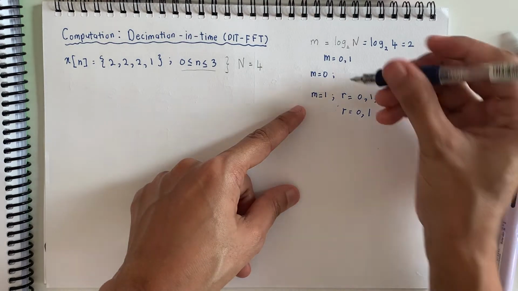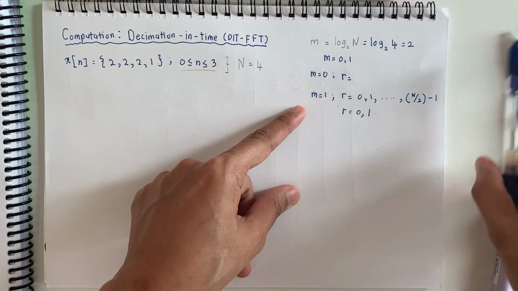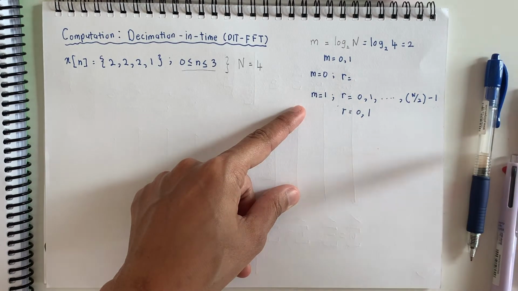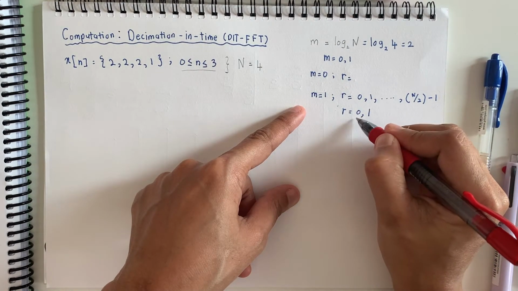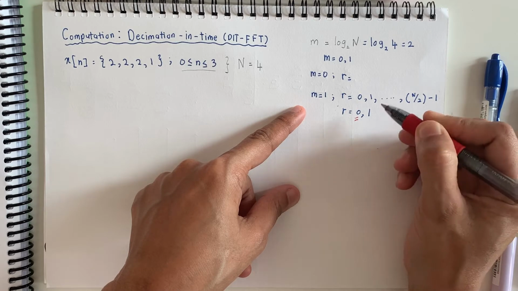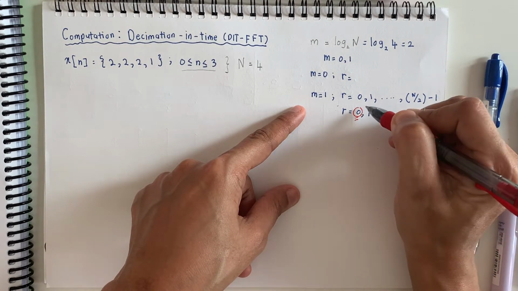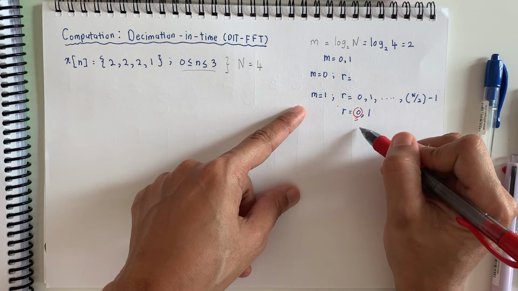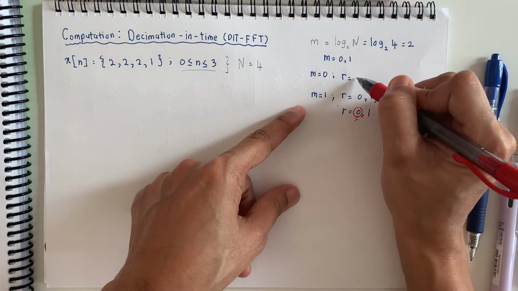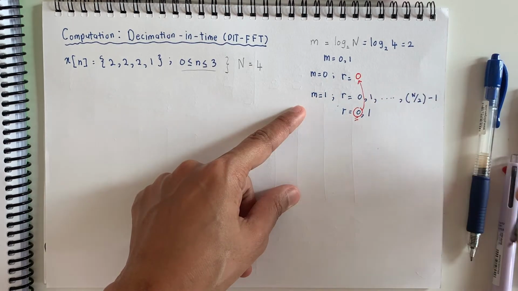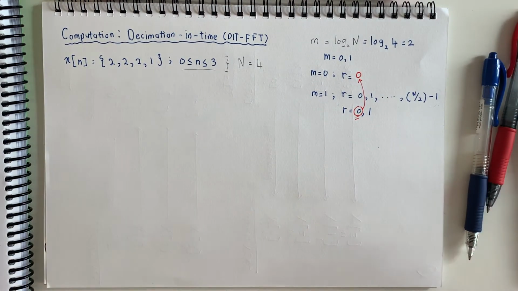Next, for R at M equal to 0, you have to bring up the R value which is at the even position. In this case, the even position is R equal to 0. So you bring the 0 up: M equal to 0, R equal to 0.